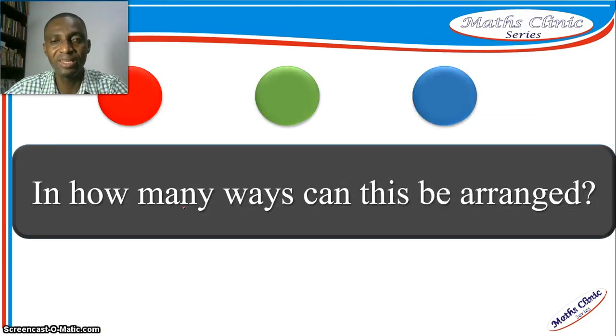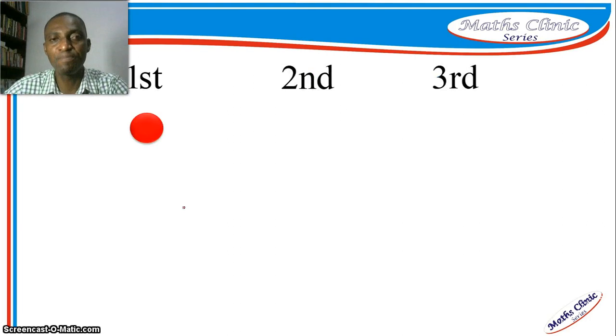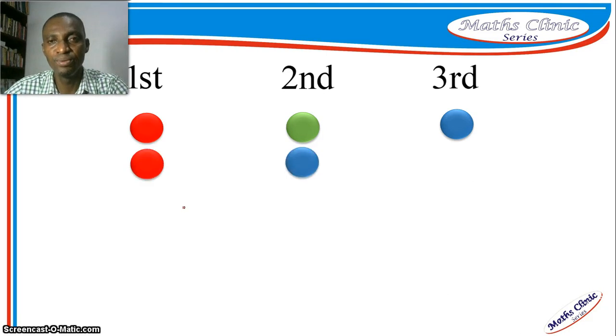What if I have 3 marbles with 3 different colors? There's no repetition here. In how many ways can this be done if position is required? Let's say I put red first, green second, blue third. I could interchange the positions by having red first, blue second, and green third. These are also different arrangements.